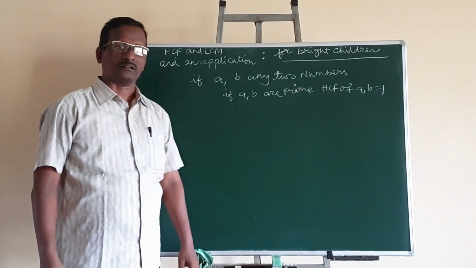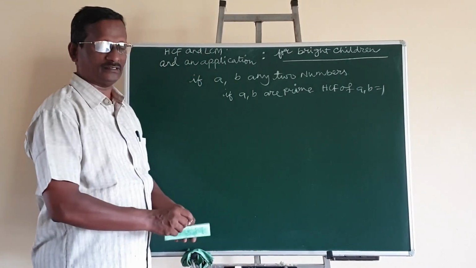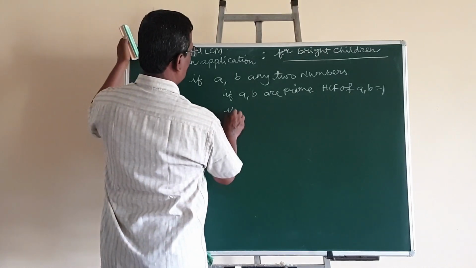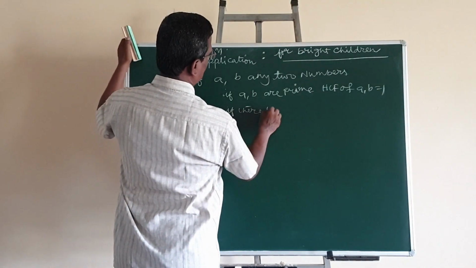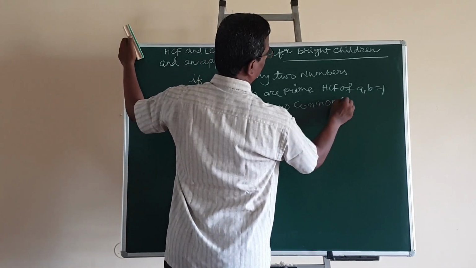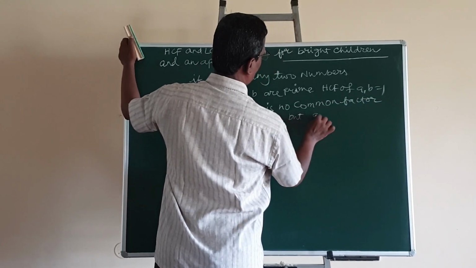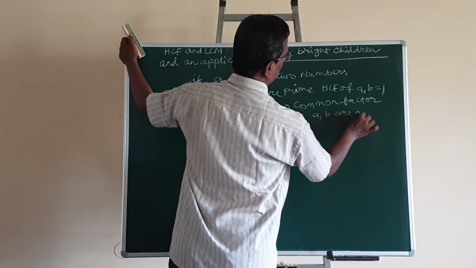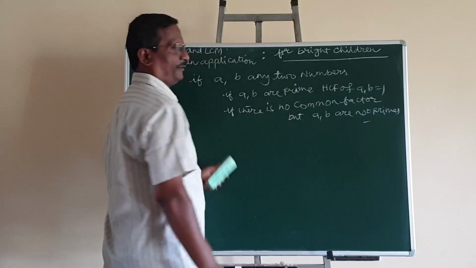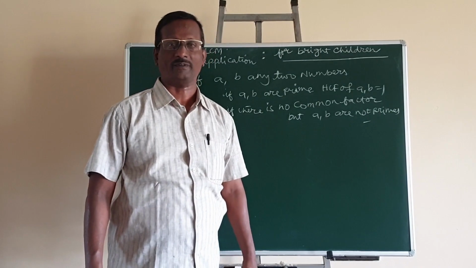There is no need that they are co-primes. Suppose they are not primes, but maybe co-primes, meaning there is no common factor. In such a case also, if there is no common factor but A, B are not primes, then also HCF of A, B is equal to 1. In these two cases, HCF of A, B is equal to 1.